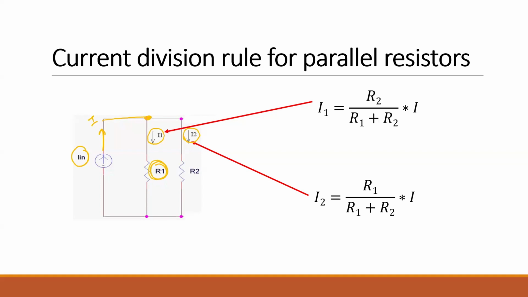So to find the current going through resistor 1, that will be R2 divided by R1 plus R2, times I. To find the current going across R2, that will be the opposite resistance divided by R1 plus R2. So the current law is different. Voltage division used the same resistance.